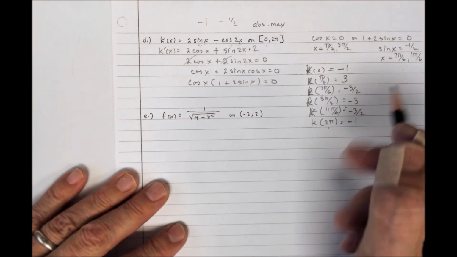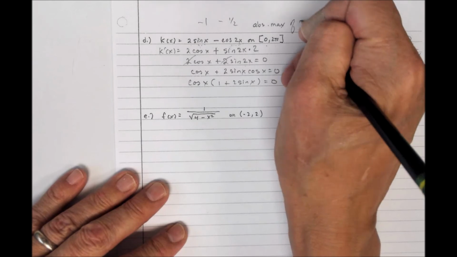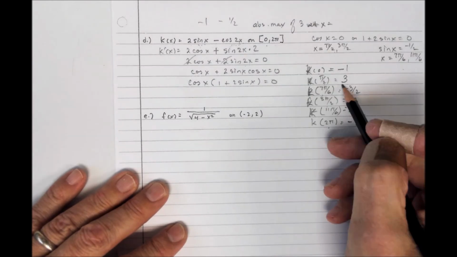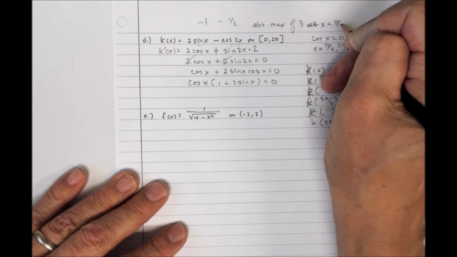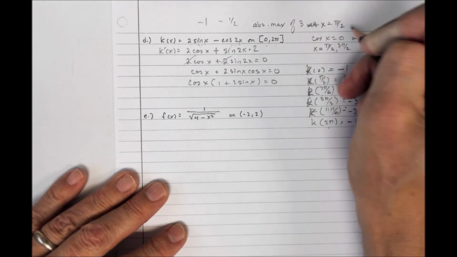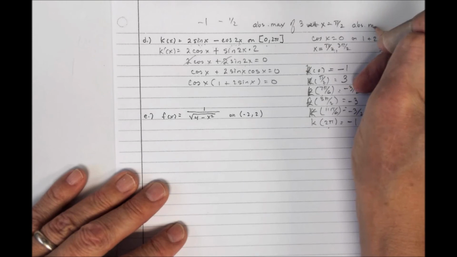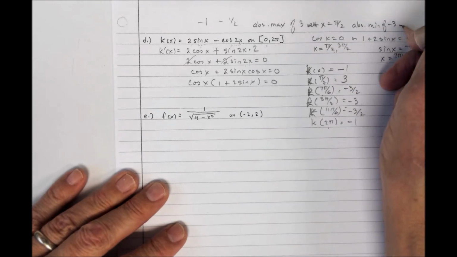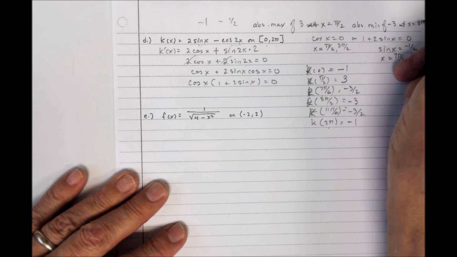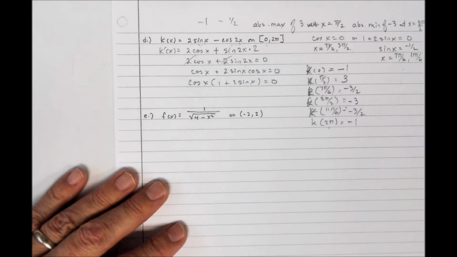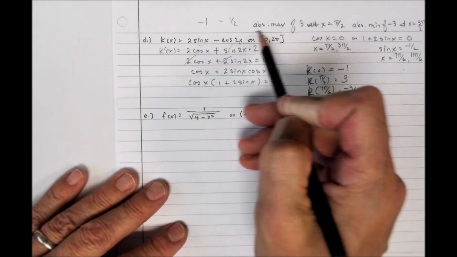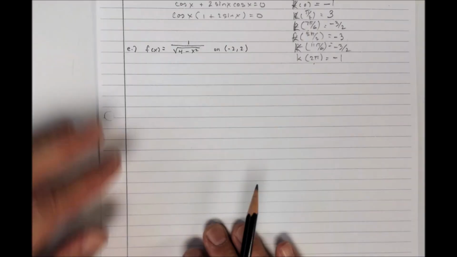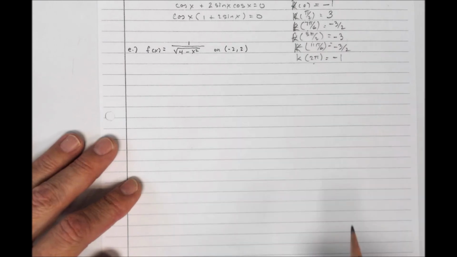So I have an absolute max of 3 at x equal pi over 2, and I have an absolute minimum of -3 at x equal 3 pi over 2, occurring at the critical numbers. All right, there's my answer. What a mess that one is, not only the handwriting, but all those critical numbers to plug in.